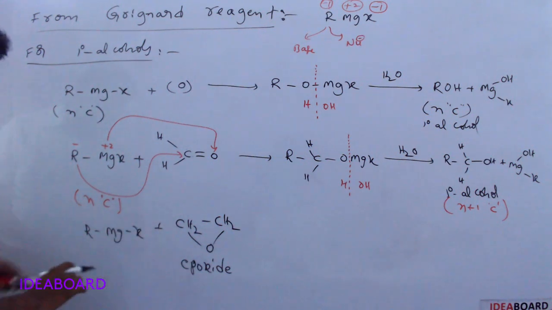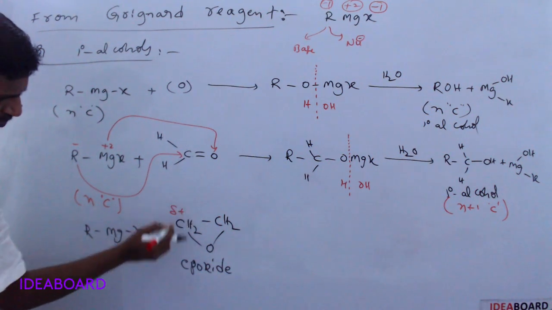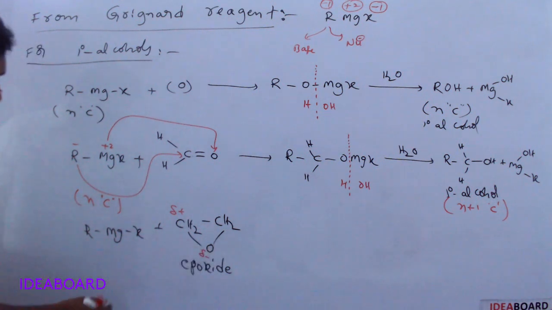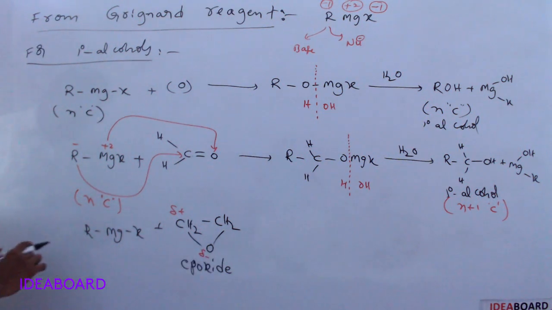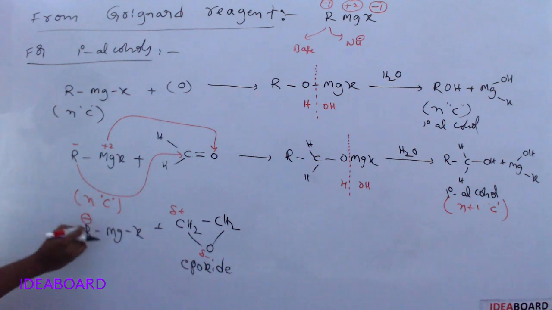Here also, carbon has a positive charge and oxygen has a negative charge. The alkyl group is negative and this is positive.